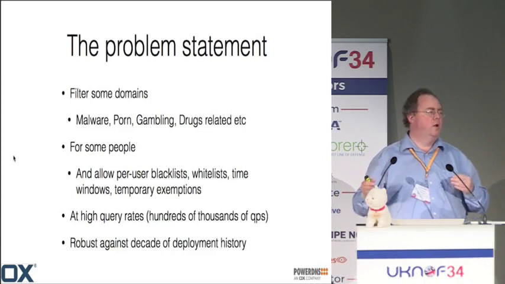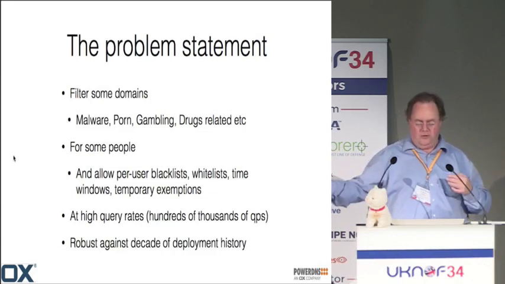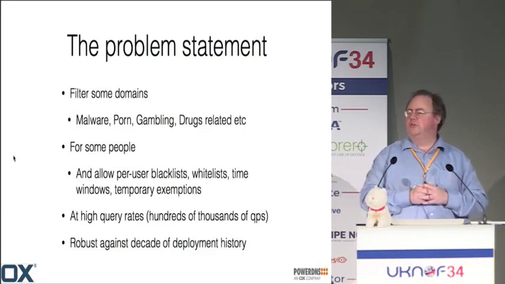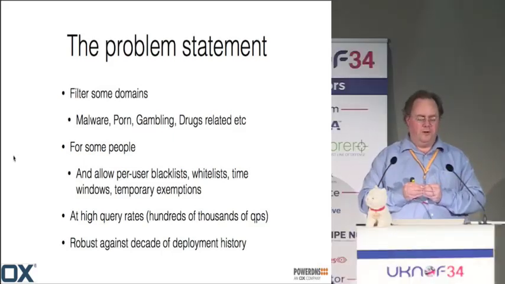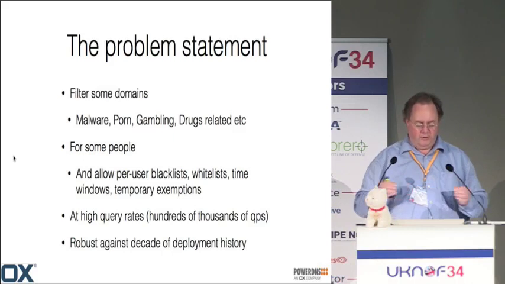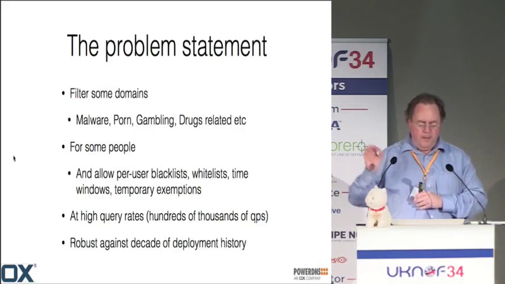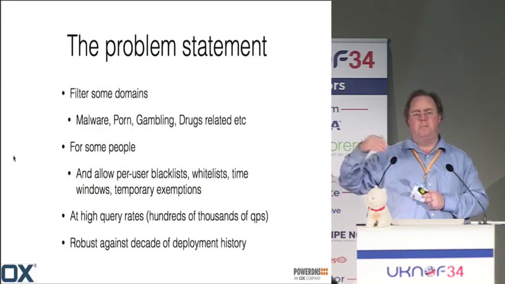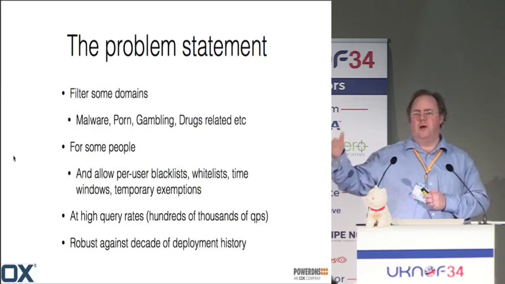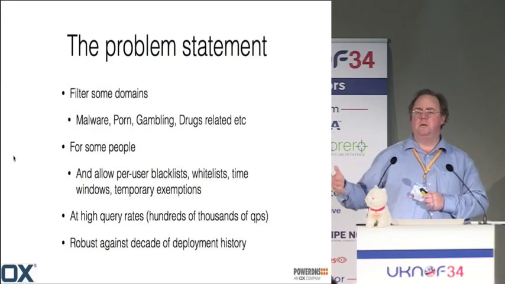So you want to have a per user blacklist and whitelist. And maybe you would also want to say, well, 9 p.m. is the watershed in this household, and after that the filtering can go off, because then I want to use the internet. You want to do this at high query rates, because a typical big service provider hits around, maybe in peak, 1 million queries per second.